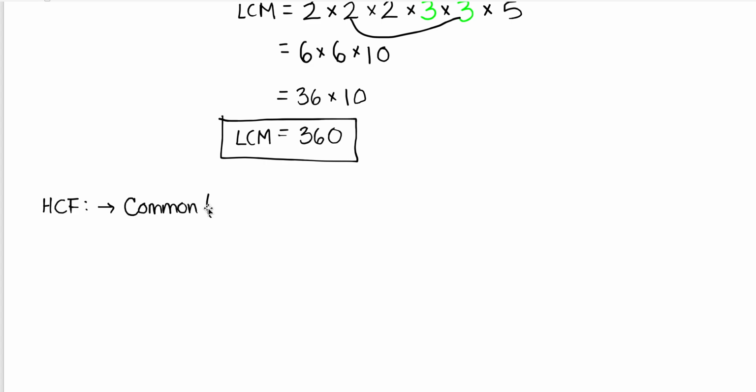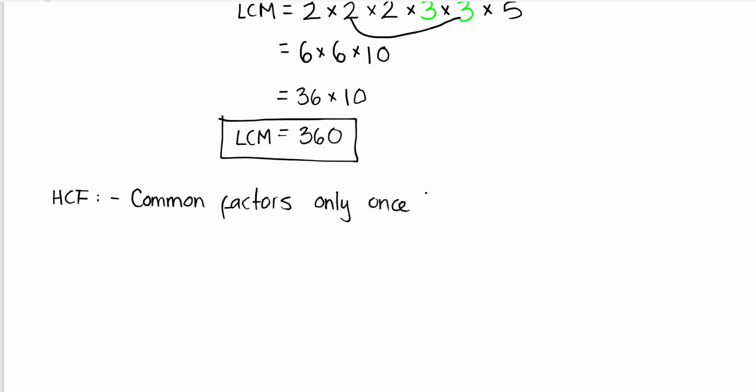So I only have to do the common factors, and the common factors only once. And here I'm talking about those ones that we have highlighted in green. So that's all I have to do.